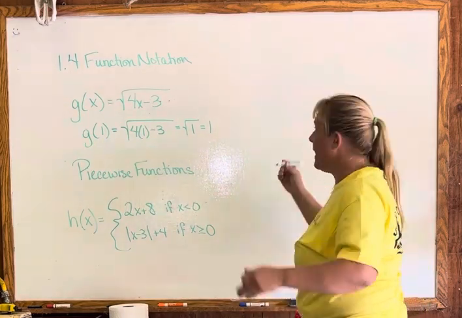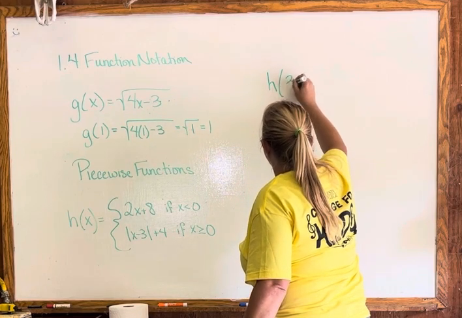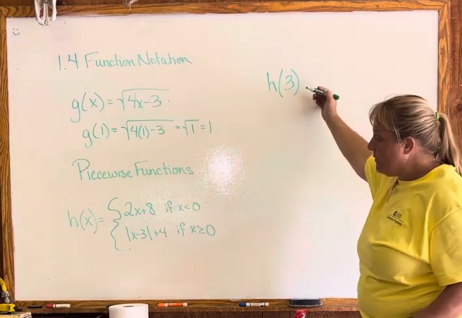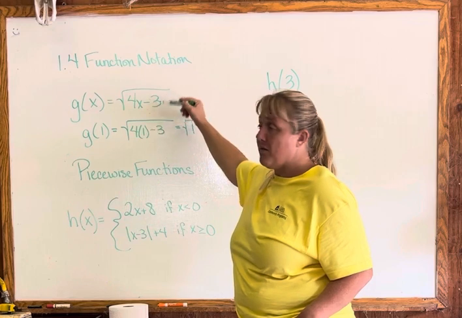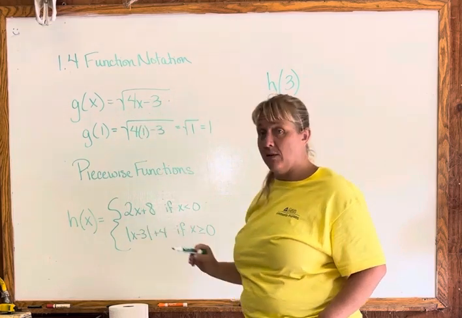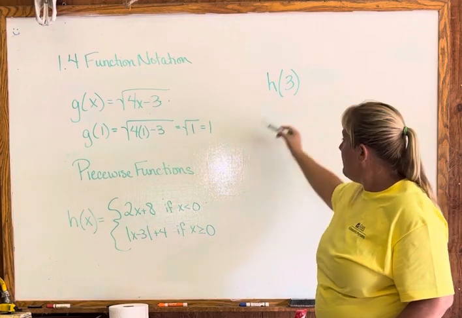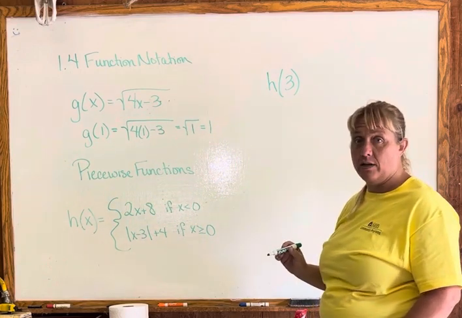So let's say that I asked you to find h of 3. So h of 3, again, tells us that we're using this piecewise function rather than the other one, because that one is g and this one is h. But now, because it's got two parts, before we just jump in, we have to decide which one of these parts we're going to use.